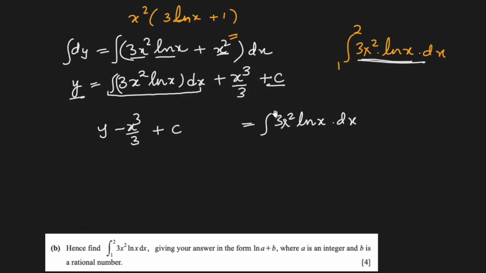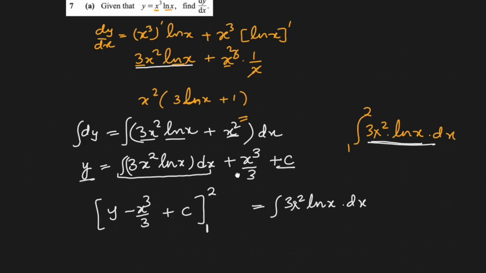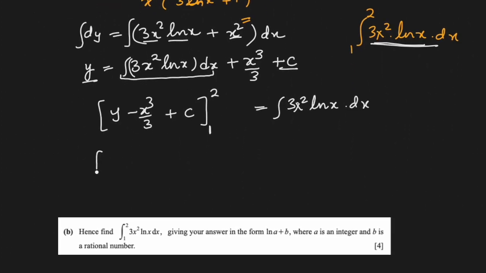So we got it, and now we have to evaluate it from 1 to 2. And these values 1 and 2 are both x's, not y. So in place of y, we can write its value, x cube natural log x. So this becomes x cube natural log x minus x cube over 3 plus c from 1 to 2.